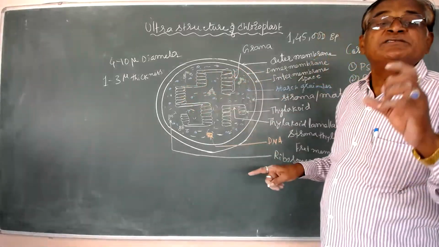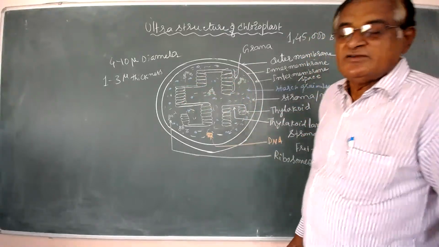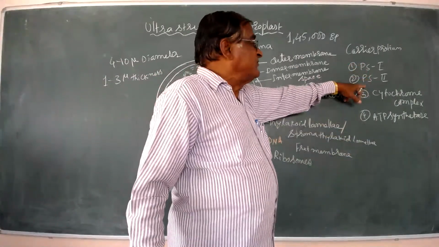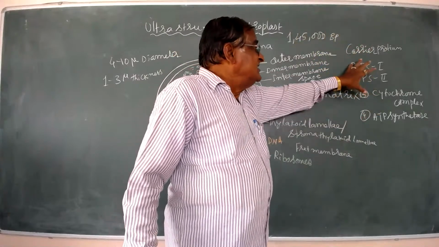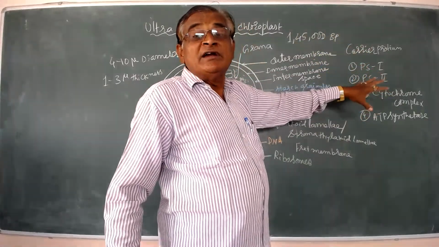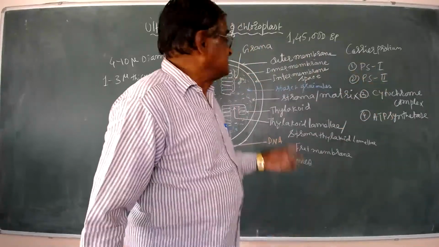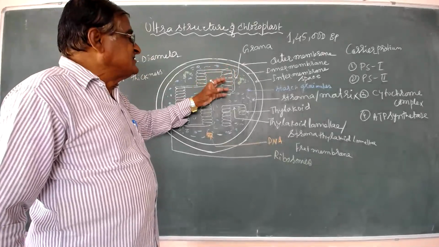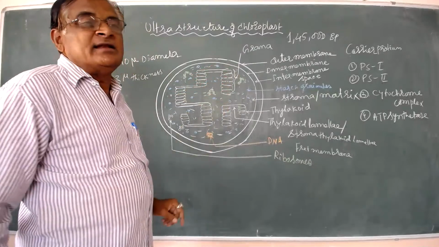These are the components present on the thylakoid membrane. These are the very important ones. What about photosystem 1 and photosystem 2, that I will discuss later. These components are embedded on the thylakoid membrane of the chloroplast, and they are facing towards the stroma, present only on the membrane layers.